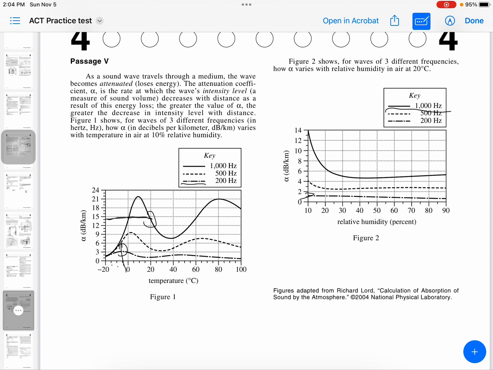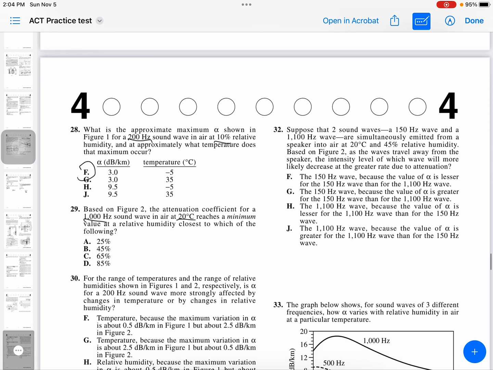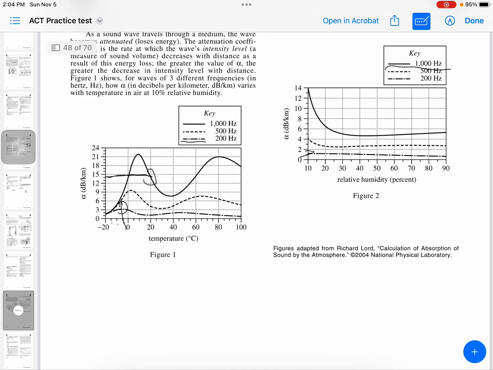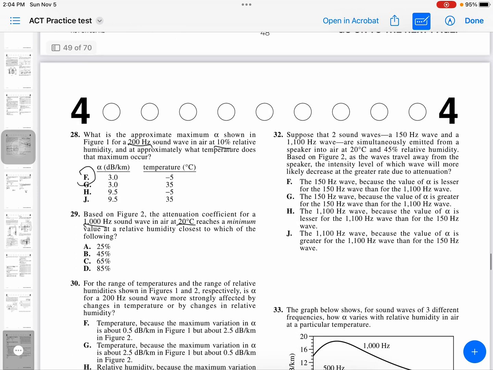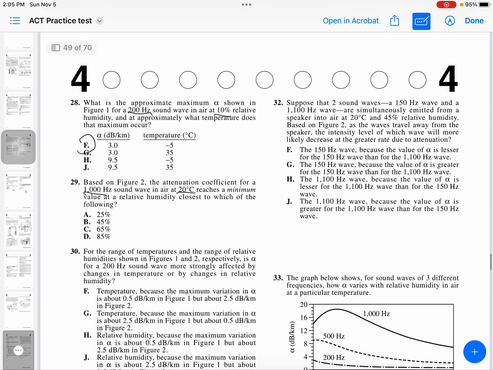And that is alpha just under 15, which tells us what percent relative humidity. It reaches its minimum somewhere in there, around 30.